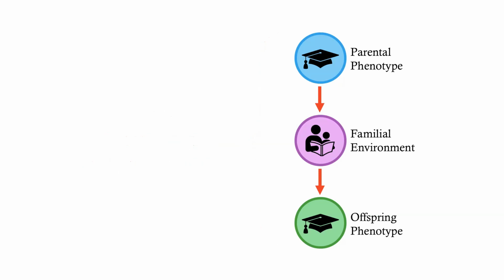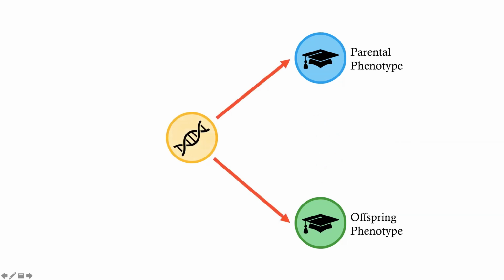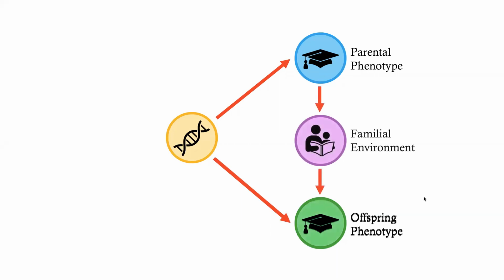And because the occurrence of vertical transmission will lead to traits running in families, it has been difficult for researchers to distinguish this vertical transmission path here from this shared genetic one that I showed a second ago. And it's especially difficult when those two co-occur, which will happen anytime that the trait being vertically transmitted is heritable, which, as you can imagine, is like almost all of the time.